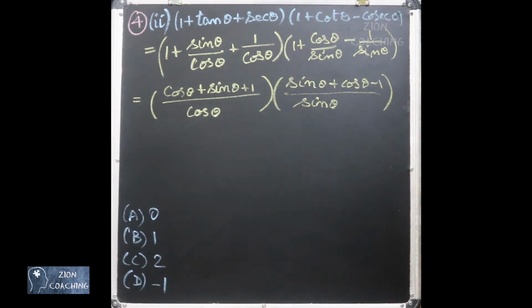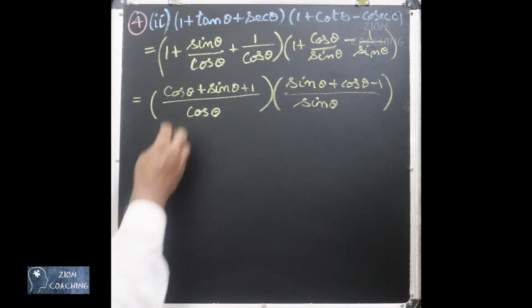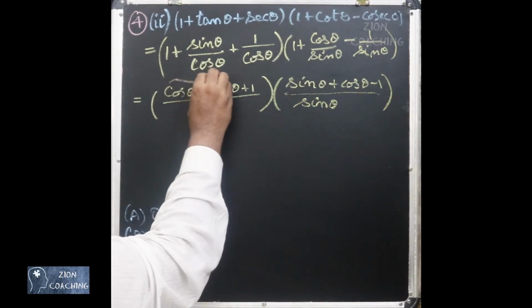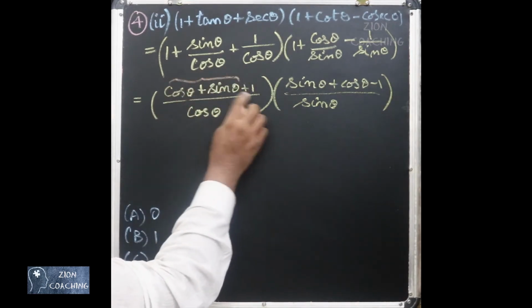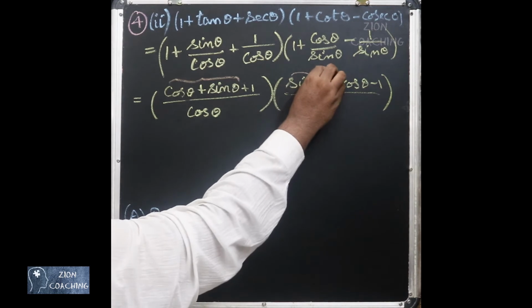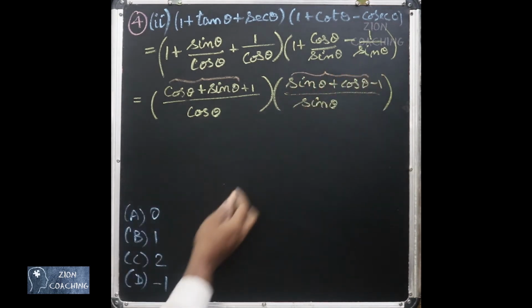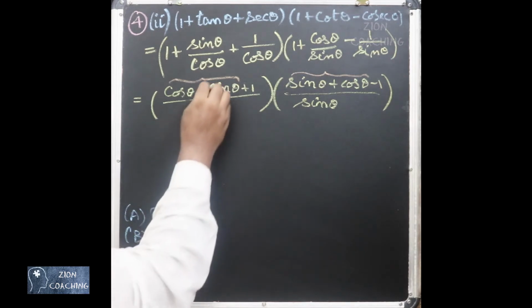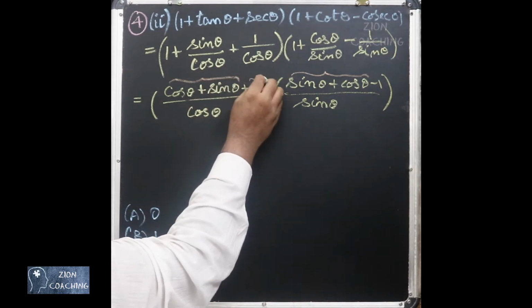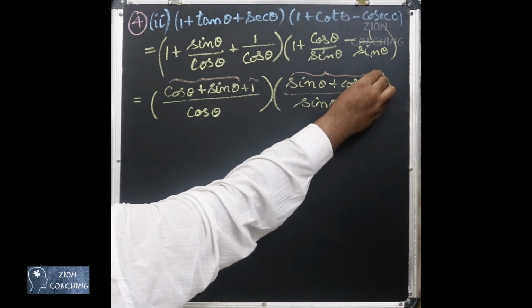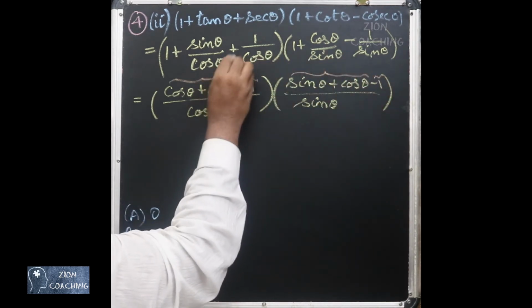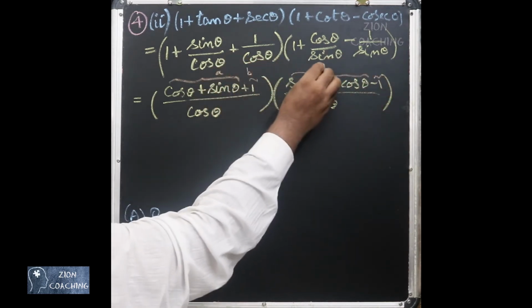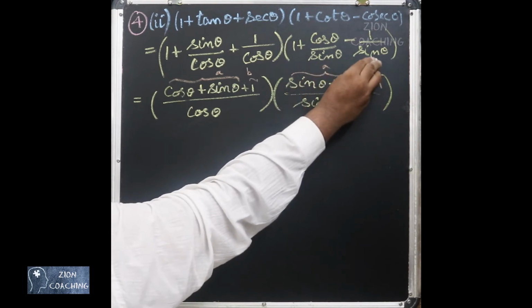Now you can see that the first two terms are cos theta plus sin theta. Here also it is sin theta plus cos theta, which is nothing but cos theta plus sin theta. Now the second term is 1 and minus 1. This is of the form a plus b into a minus b.